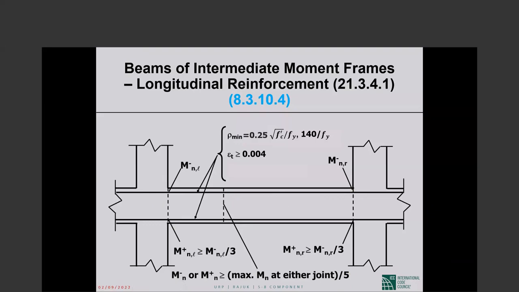Okay, so if we have 10 number 8 bars here, 8 number 8 bars here, the larger would be 10 number 8 bars. 1/5 of that would be 2 number 8. The 2 number 8 have to be continuous top and bottom.